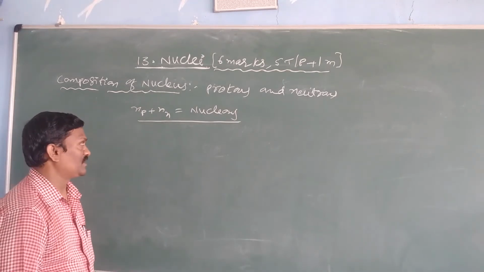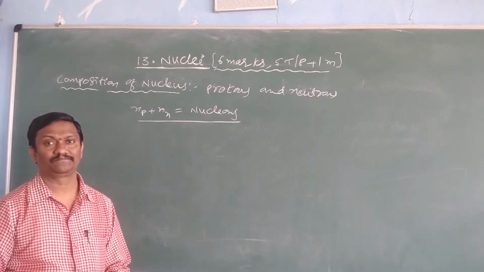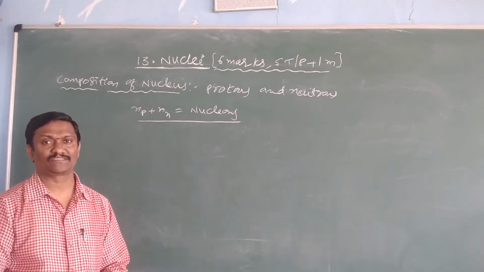The sum of protons and neutrons is called nucleons. The total number of protons and neutrons is called nucleons. So that is about the composition of the nucleus.